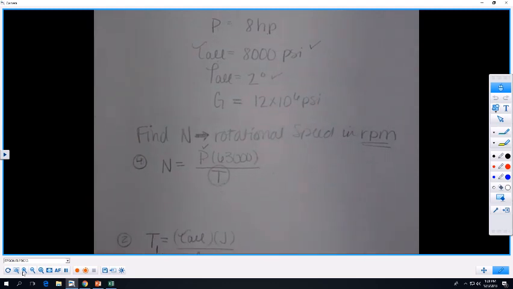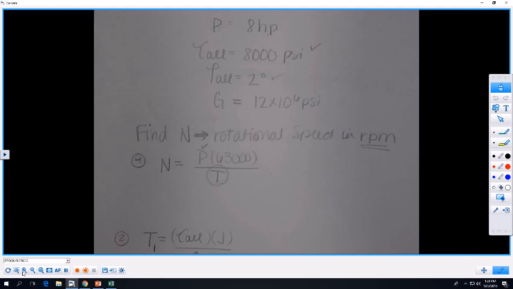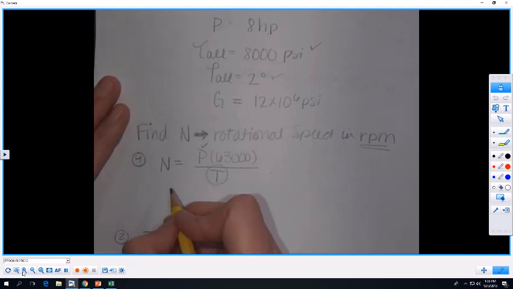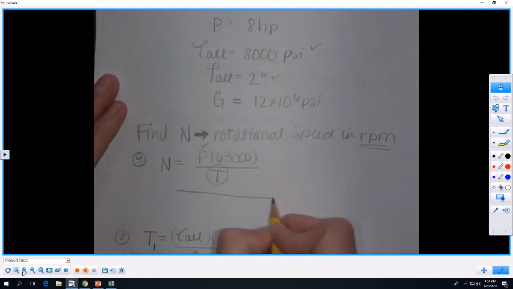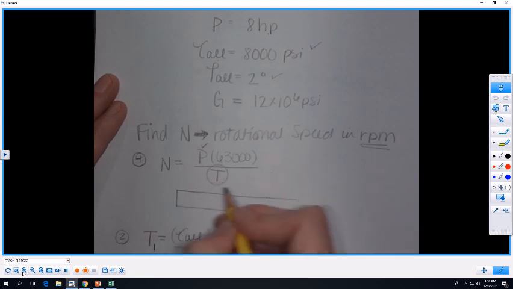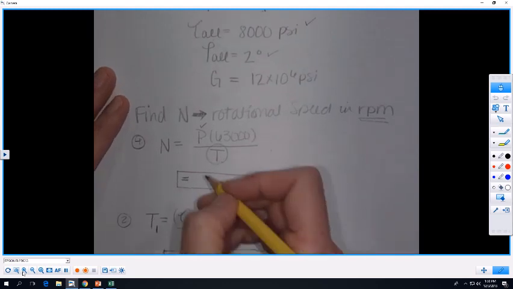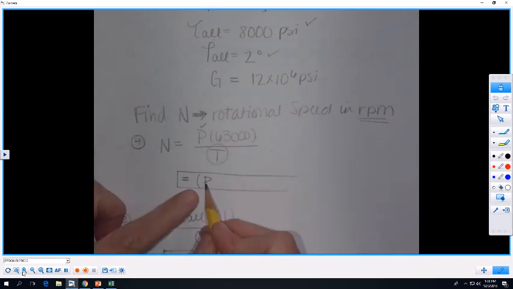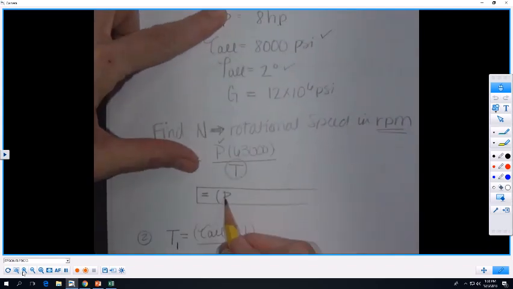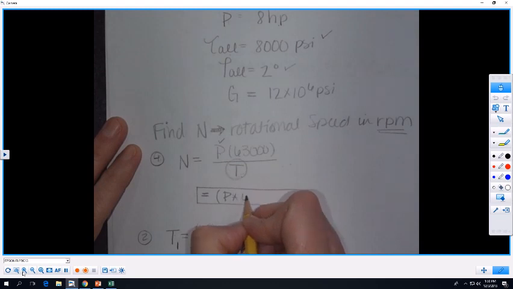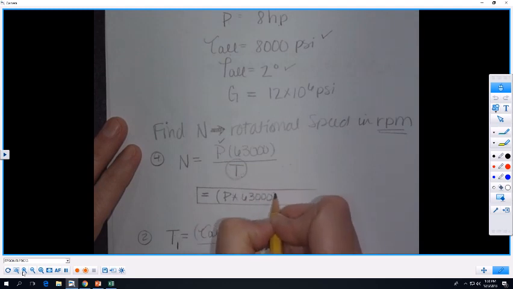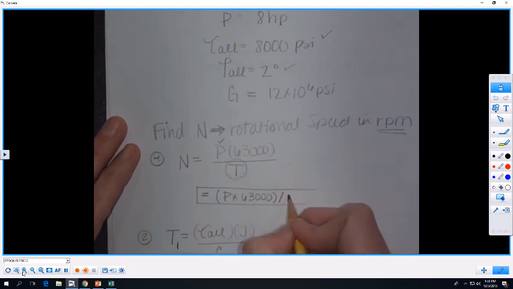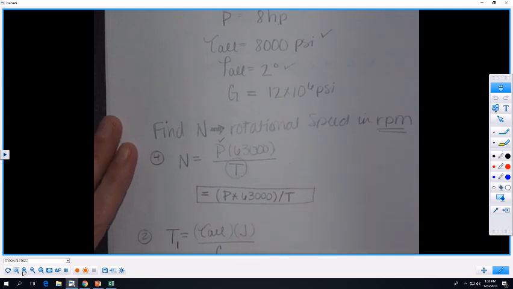It's going to be an input that we'll put in the problem, and you'll see how we do that. So whichever one we end up picking, this is going to be an equal. Our power, which is going to be a direct input in horsepower, times 63,000, parentheses, divided by whichever torque we end up picking, okay?